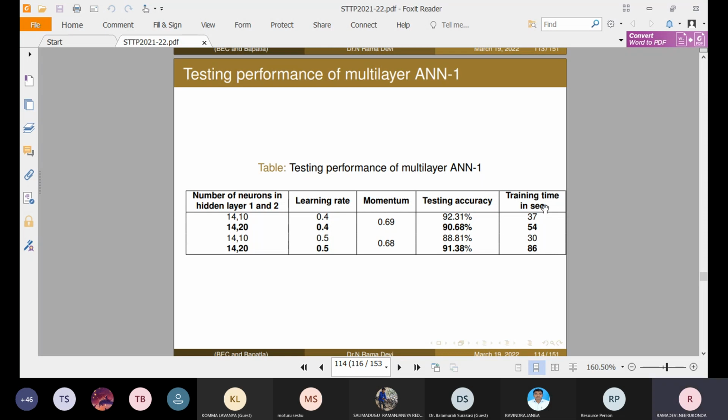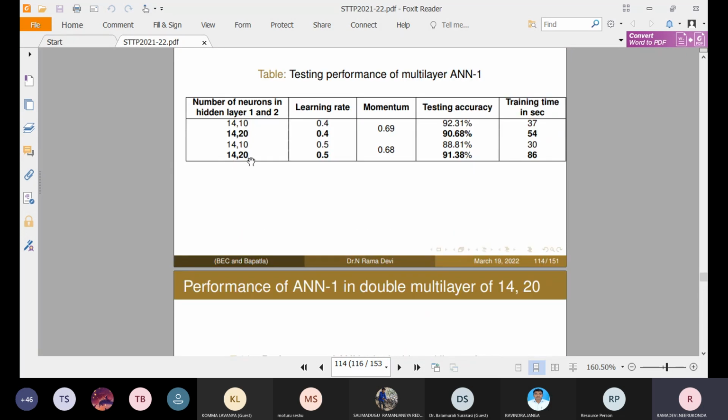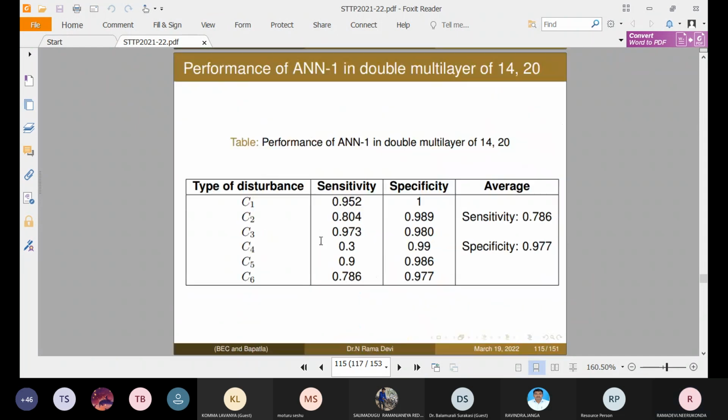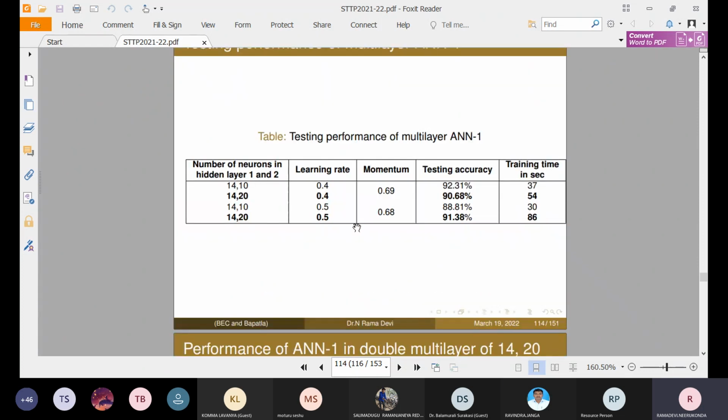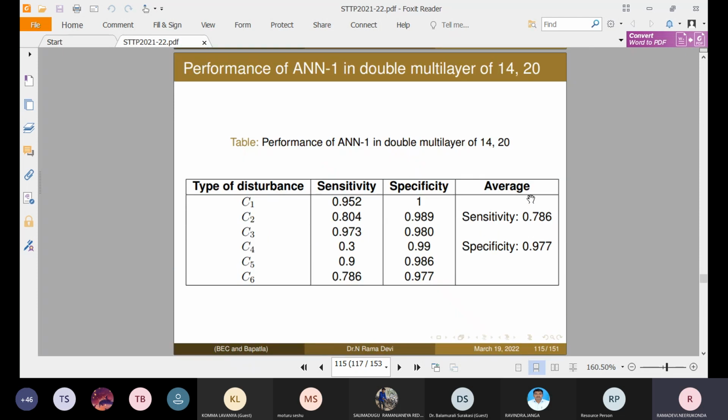So this is the test performance we consider for the system. Because of that we consider 1420 as the best. Even for 1410 we observe different values for different epochs; this gives higher and this gives lower accuracy. Because of that we go with 1420. So the double layer ANN of 1420 is considered with this learning rate and this momentum value, which takes less time in the representation of the system.